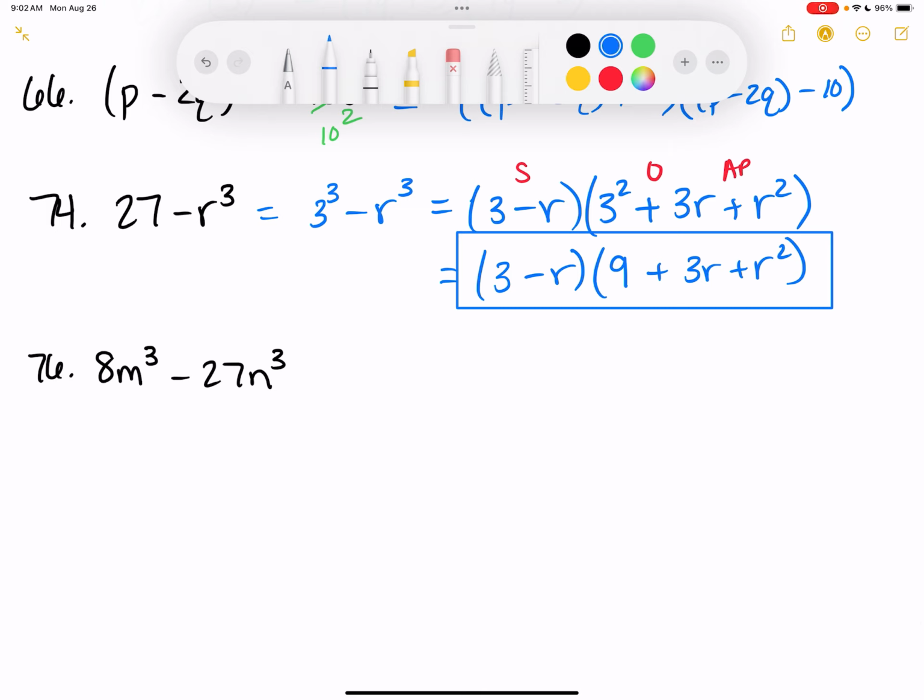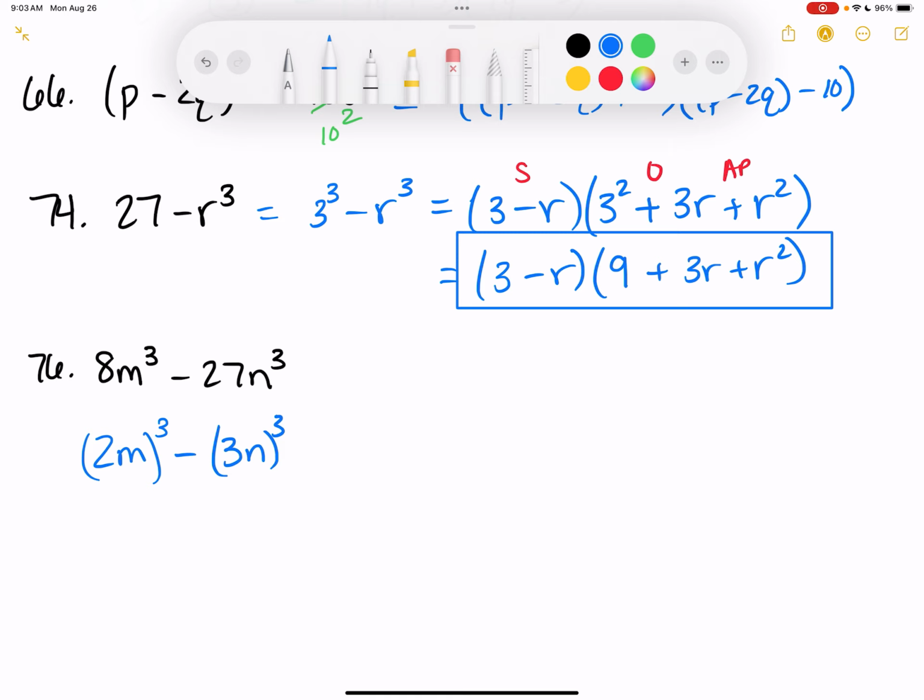So when I rewrite this, I'm going to call this 2m and the whole thing cubed so that I have that piece ready. Minus, we already said 27 is 3 cubed, so 3n and that whole thing cubed. So now I have both pieces rewritten as, in parentheses, something cubed.